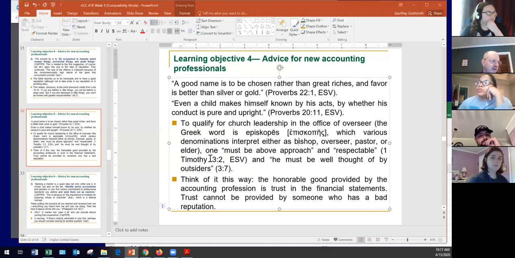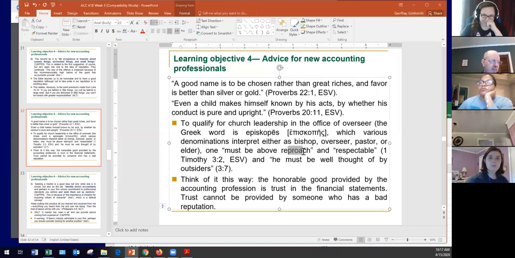And in 1 Timothy 3:2, it says that this person in the church office must be above reproach. That's wrong, it's not supposed to be approach, it's supposed to be reproach.